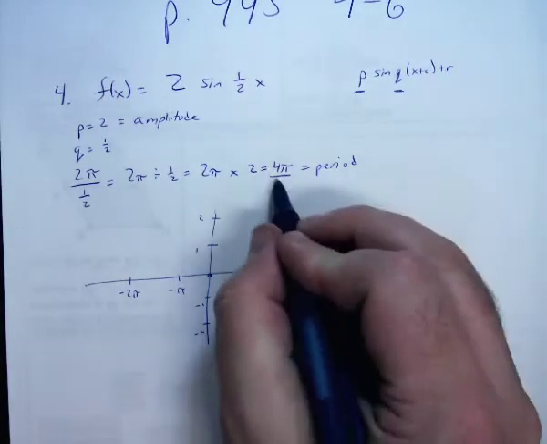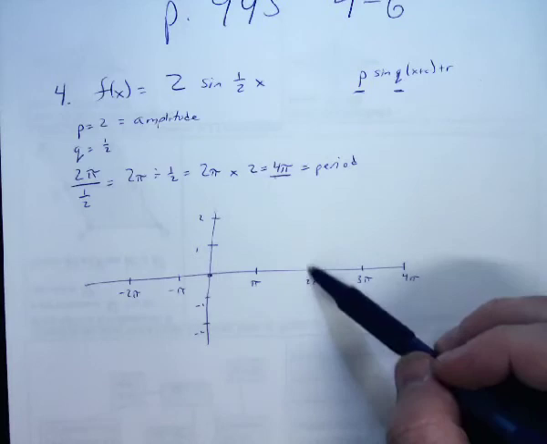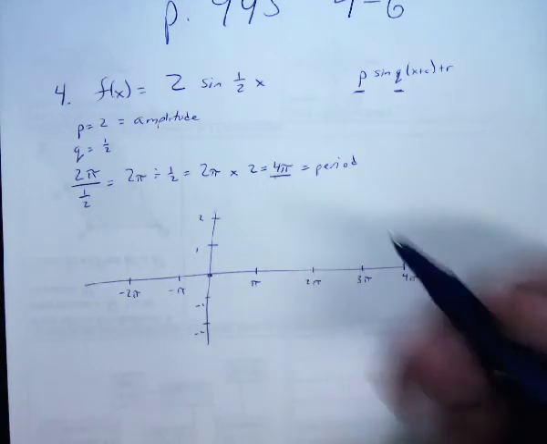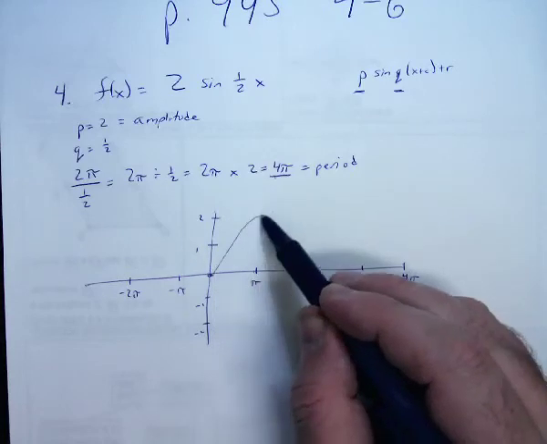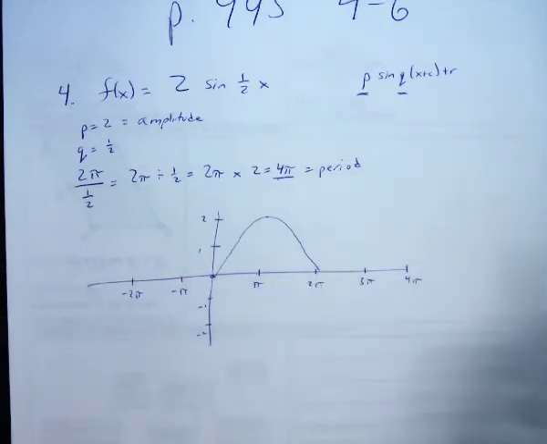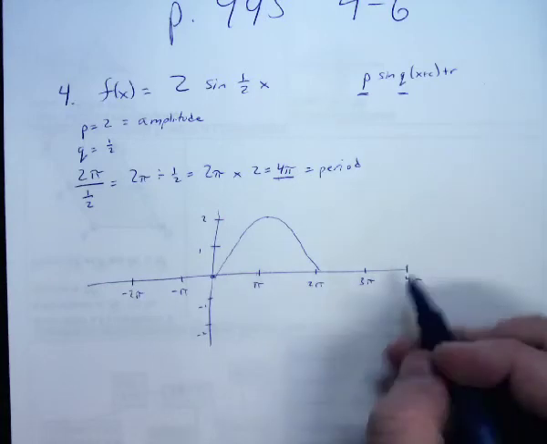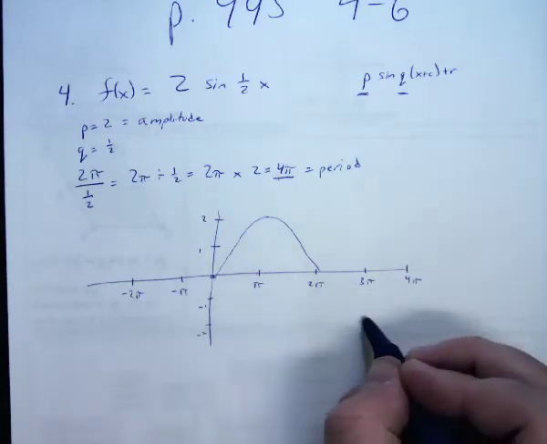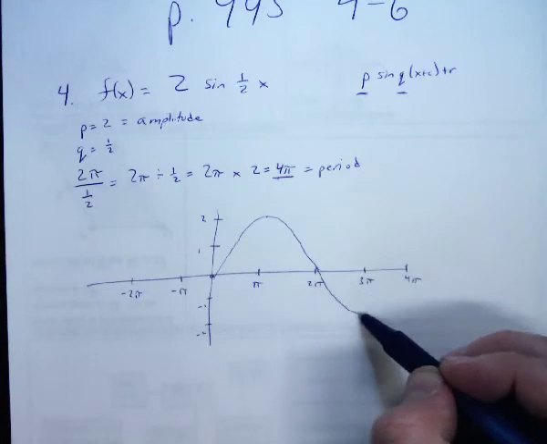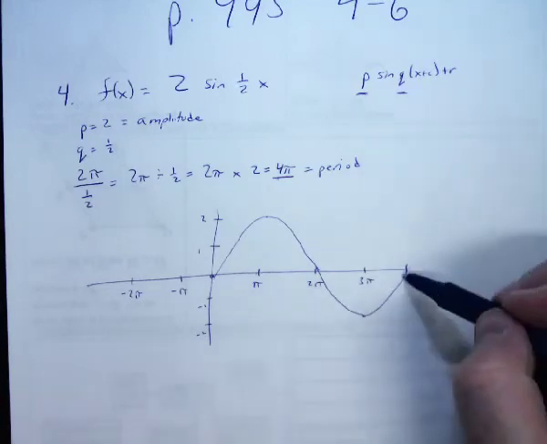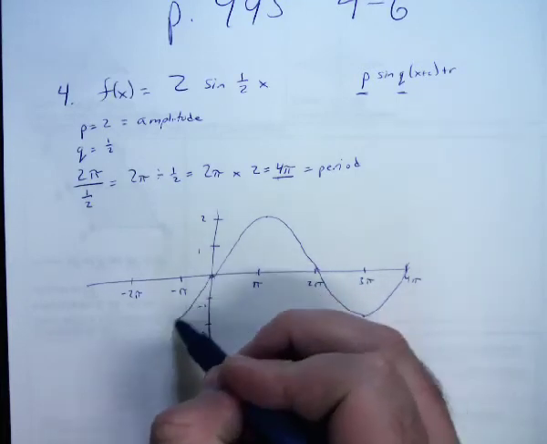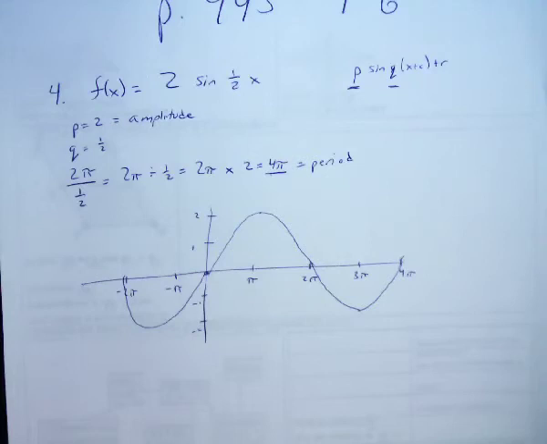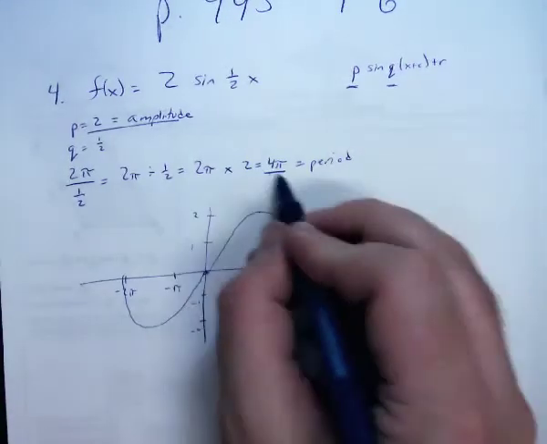In this case we have to do 4 pi. So that means my first hill is going to make it all the way to 2 pi. So right here I need to get up to 2. So it's going to look something like this. And then we need to make a hill down here. And that's one period. Okay, so amplitude equals 2, period equals 4 pi.